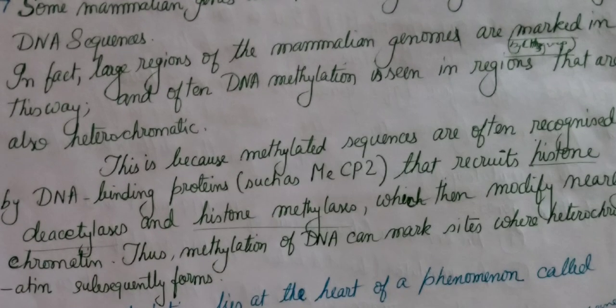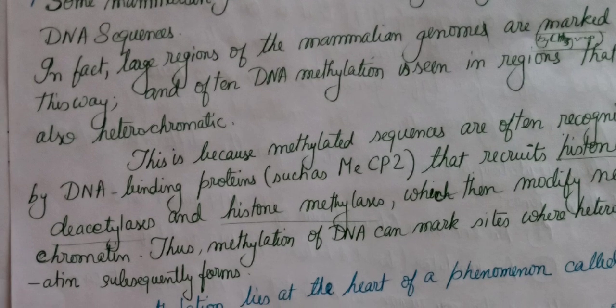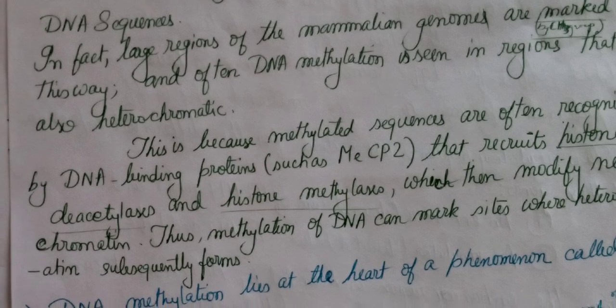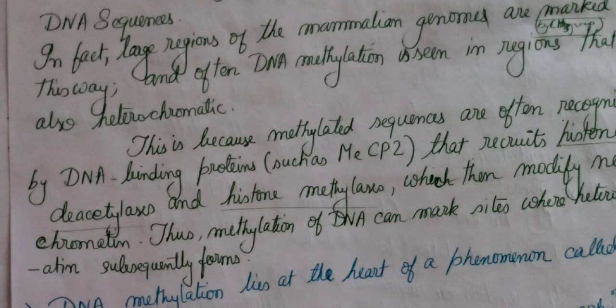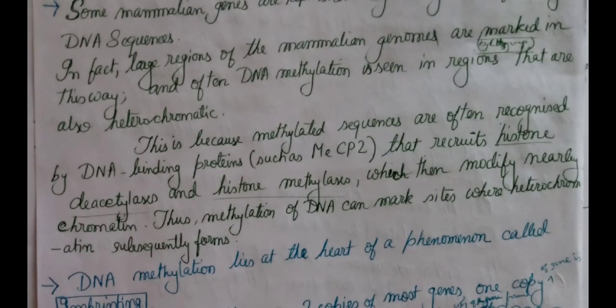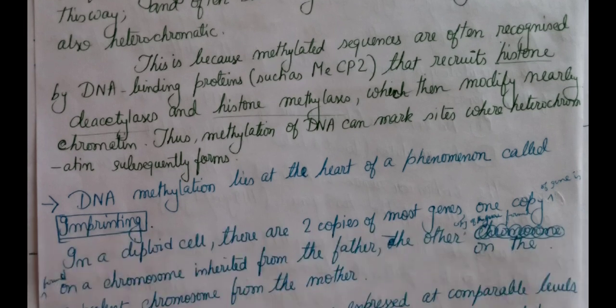Methylated sequences are often recognized by DNA binding proteins like MECP2. When these methylated regions are recognized by this type of protein, then what happens? It will recruit histone deacetylase and histone methylase also, which will modify that chromatin. Thus, methylation of DNA can mark sites where heterochromatin subsequently forms.